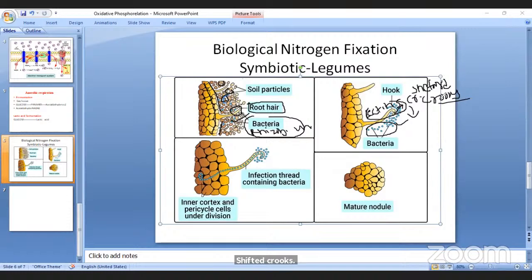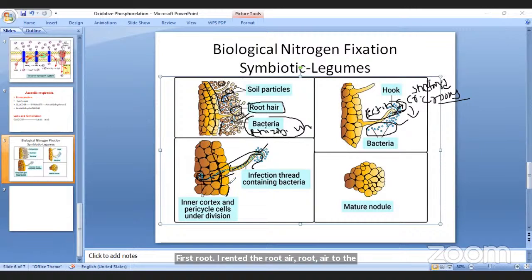Later the bacteria proliferate and pass through the infection thread. After the bend into this structure, the infection thread is formed. Through this infection thread, the aggregated bacteria enter the root, first the root hair, then the epidermis layer.